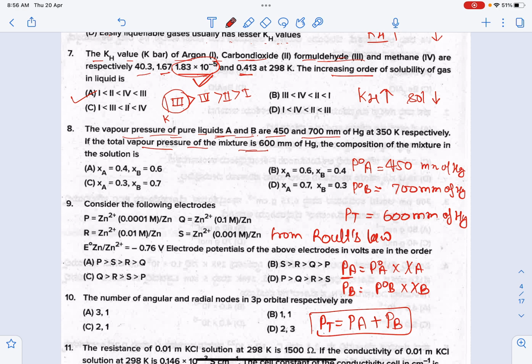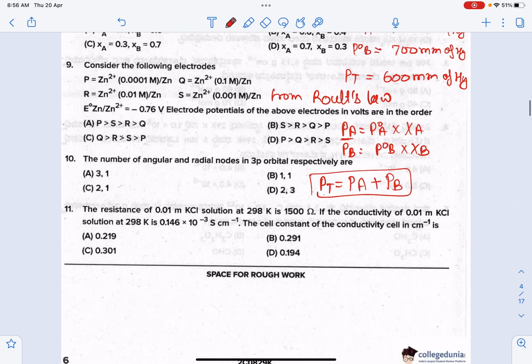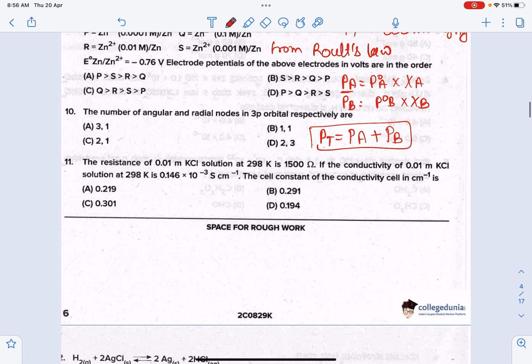Now just put the values in it. Here you can see that Pt is equal to Pa plus Pb, that is P0 A multiplied by mole fraction of A plus P0 B multiplied by mole fraction of B. Now just solve this.